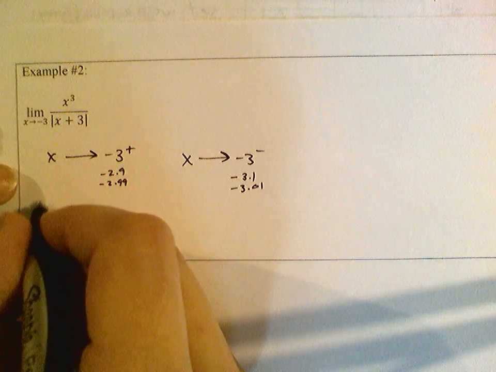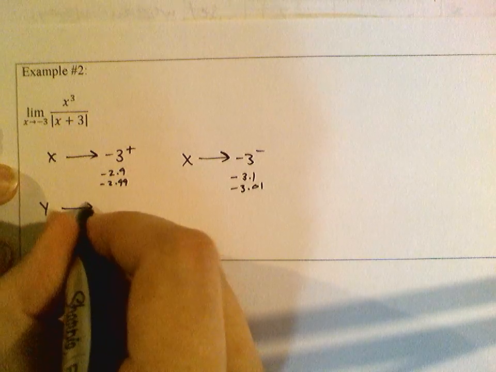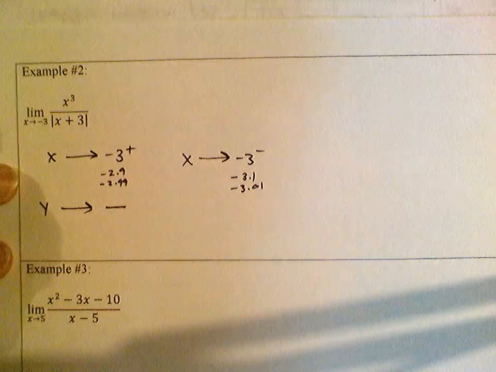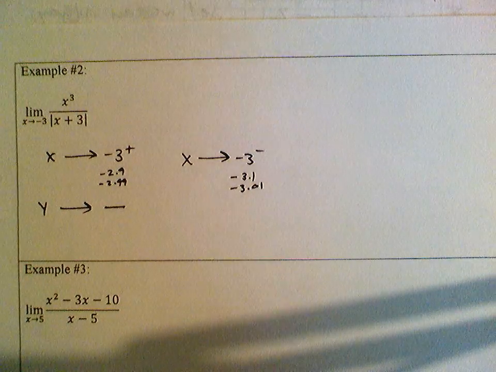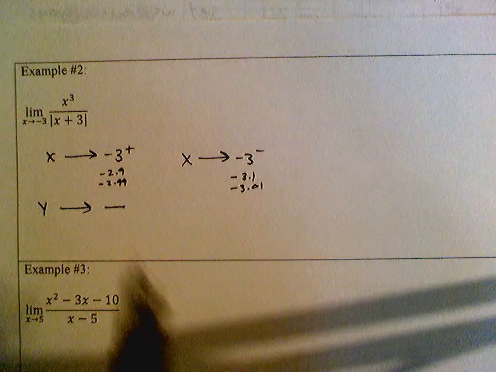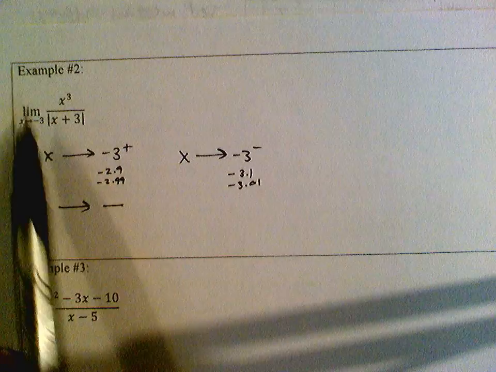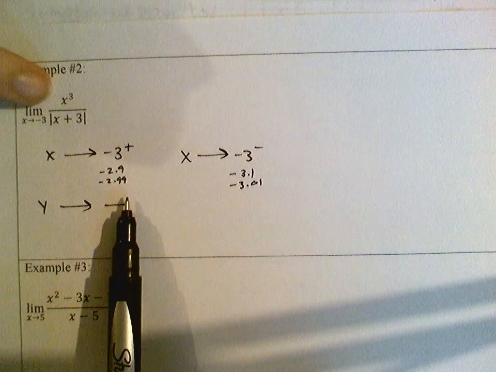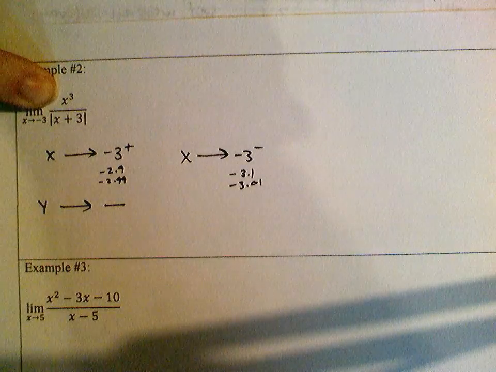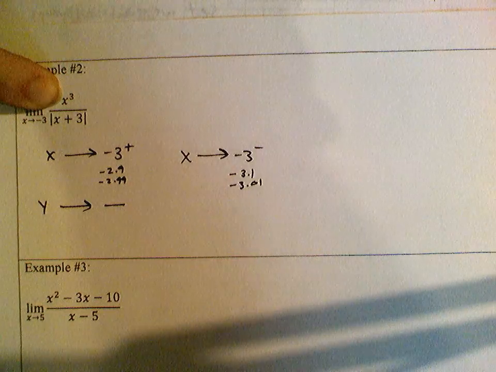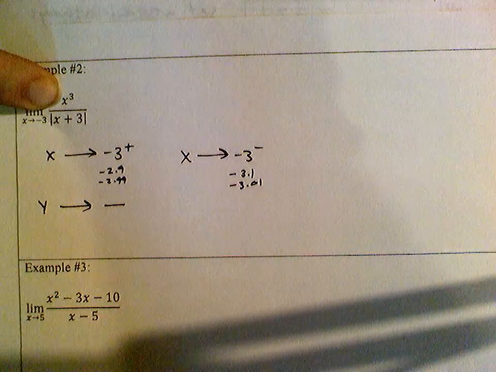Alrighty, so what about the y values? I've got another fraction, so I'm just doing a fraction bar. I like to do that first. A number very, very close to negative 3 plugged in up here. What's that going to get me? Very close to negative 3 cubed is very close to negative 27.